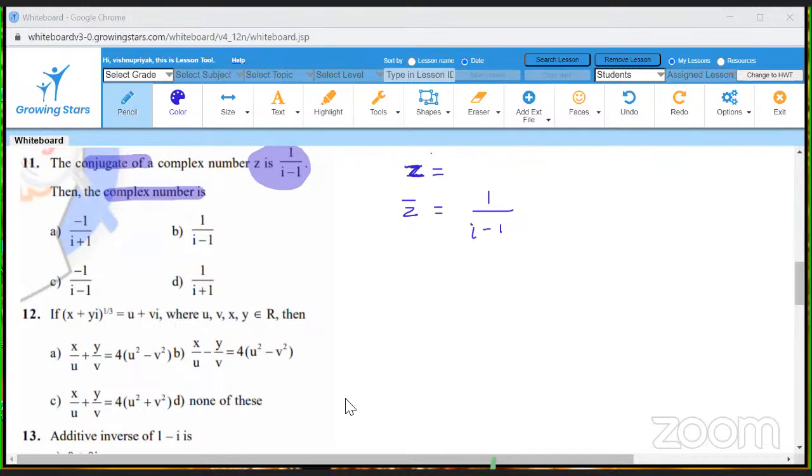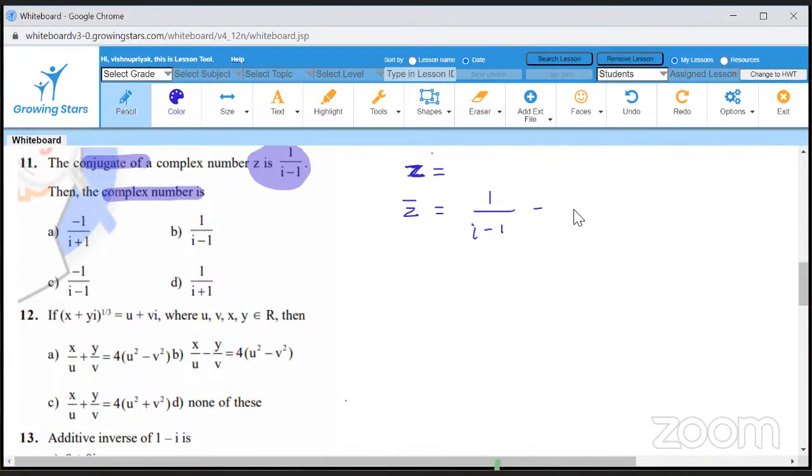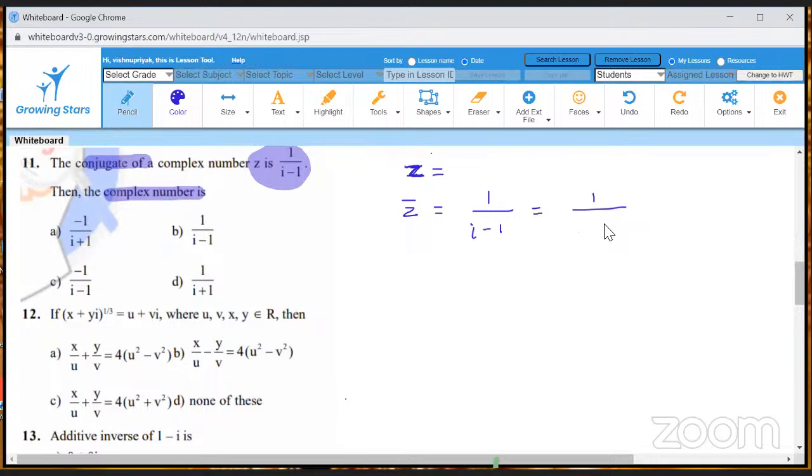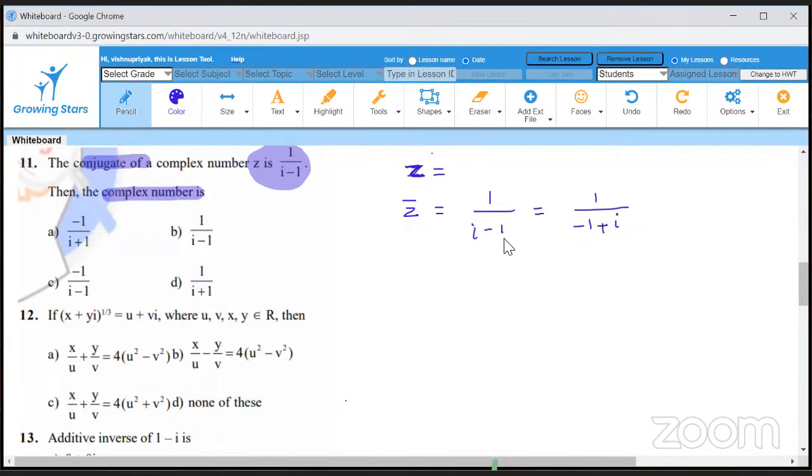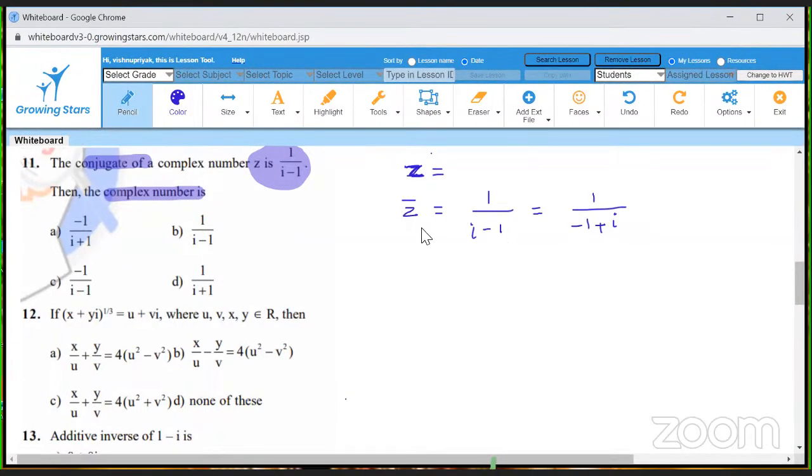Samrin, it's not C. What you have to do is take the z bar. First of all, write it as minus 1 plus i, bringing minus 1 in the front.